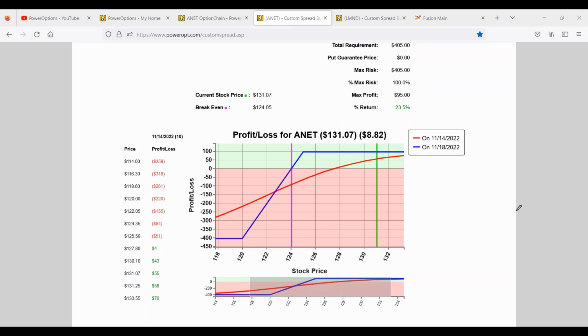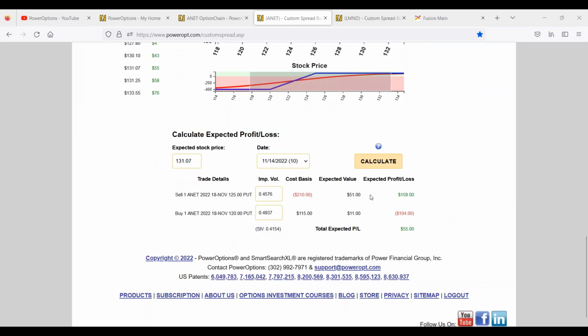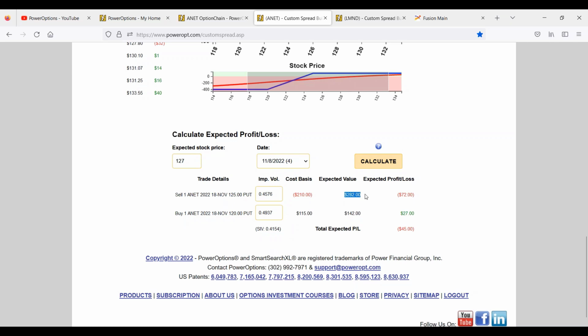But to the point, just the same way we did before, I think this was Kevin that asked this. If I've got a spread position here, my original premiums taken in, same situation. The stock falls down to 127 in the next 2 to 3 days to November 8th. It would cost us $282. We lose 72 cents on the short put if we were looking to liquidate the whole spread at that time.